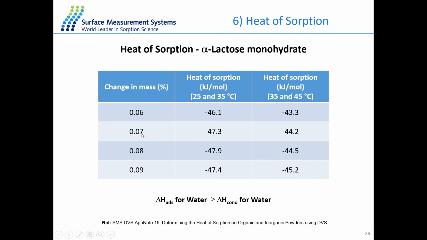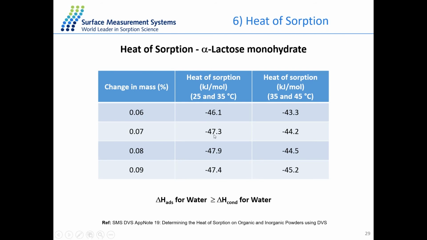The heat of adsorption was calculated at different coverages for the lower temperature range, 25 to 35, and the higher temperature range, 35 to 45. Over the entire coverage range, the heat of adsorption values are higher at lower temperature, so it's higher in this column.